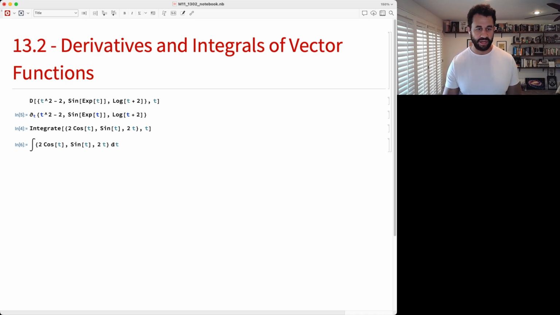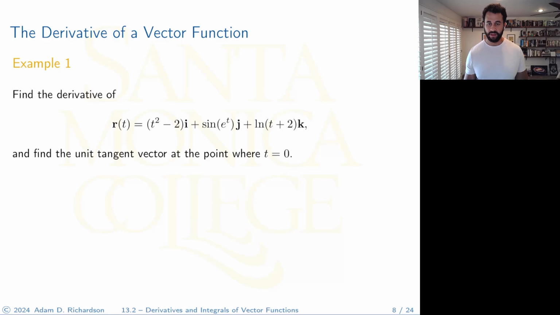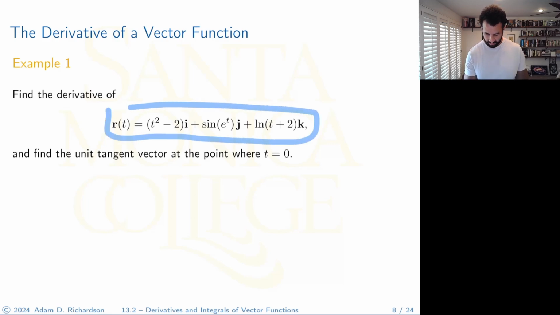Yeah, this one. Okay, so I'm going to flash back to the slides for just a moment. We did this example earlier on, and you had to find the derivative of it at the point t equals 0. So you compute the general derivative of it, and then you plug in that number, right? Now let me go back to Mathematica.